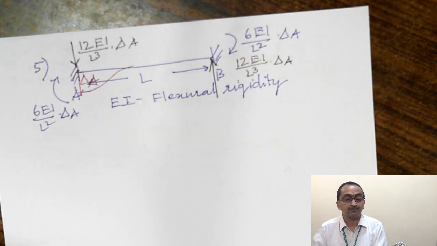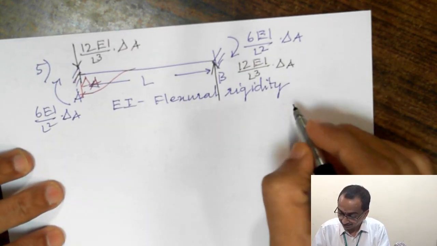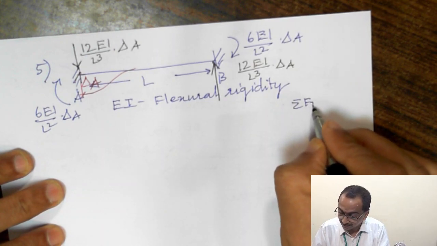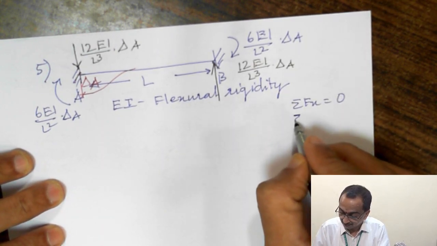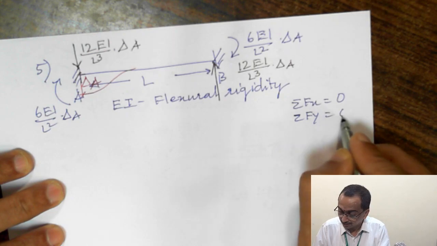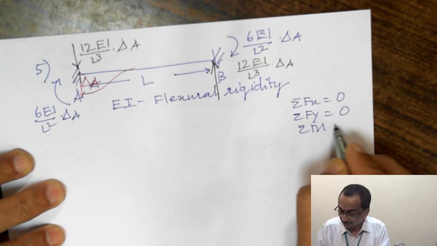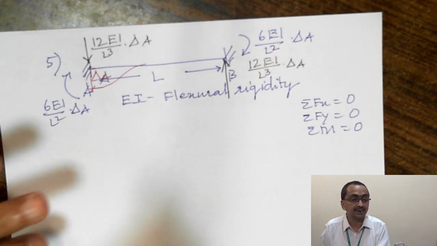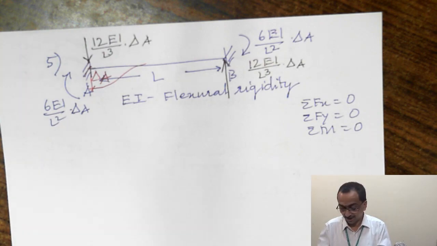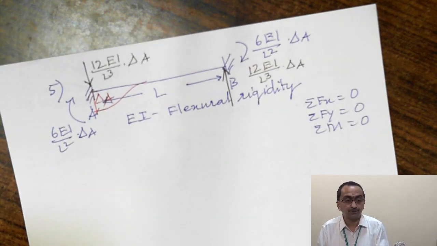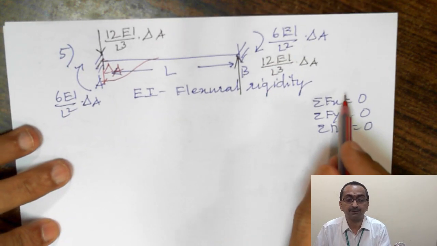Now let us check whether this diagram satisfies all the conditions of equilibrium, that is summation Fx equal to 0, summation Fy equal to 0 and summation M equal to 0, as we have checked it for all our previous cases. The first, summation Fx equal to 0, is it satisfied?